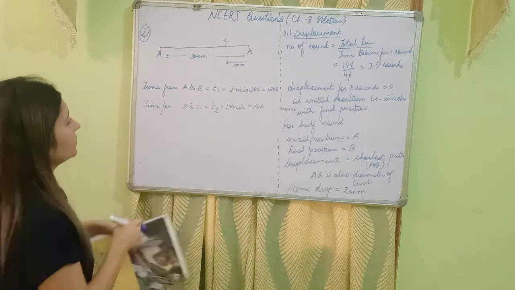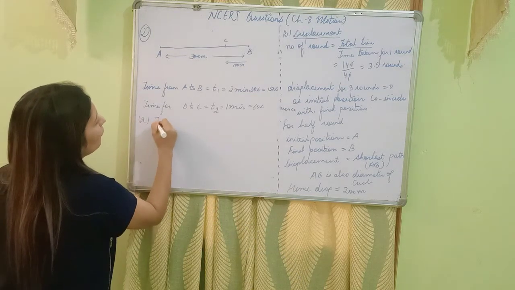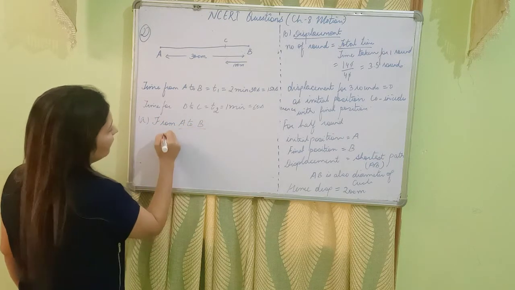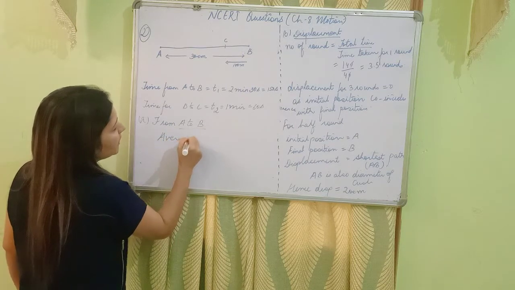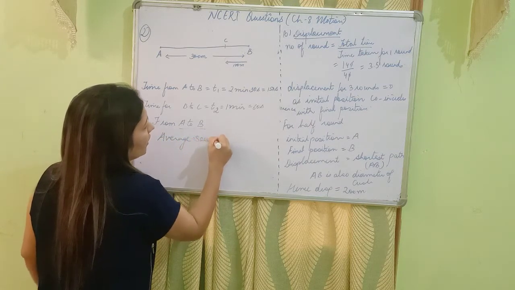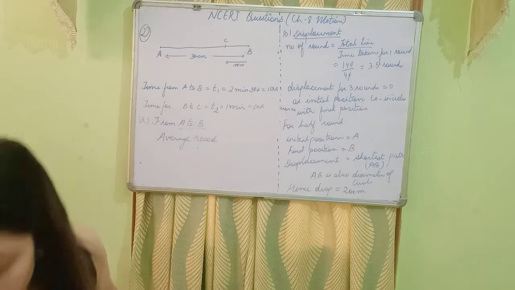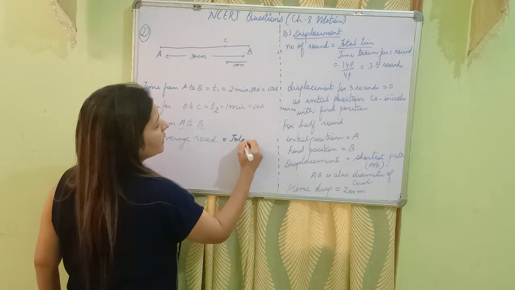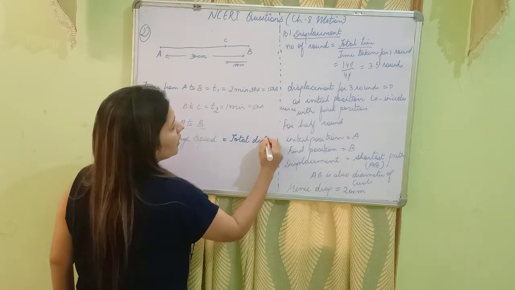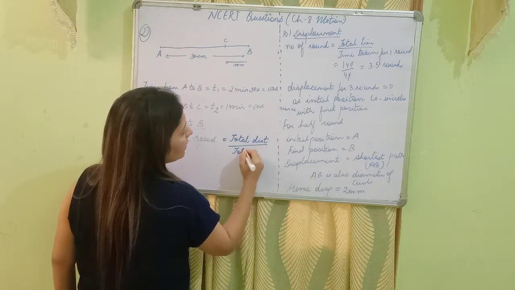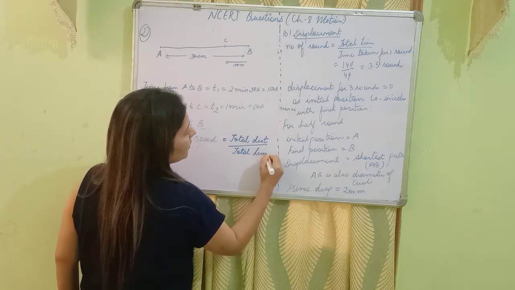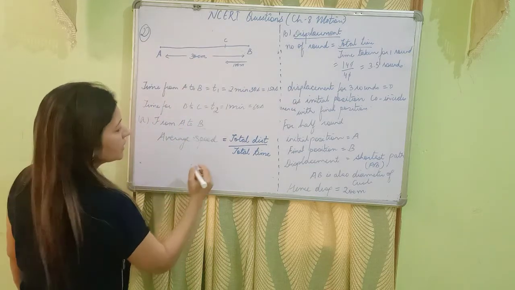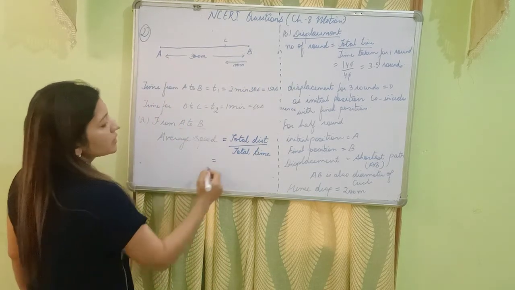Now, first we'll calculate from A to B. Average speed is equal to total distance by total time taken from A to B. What is the total distance here?